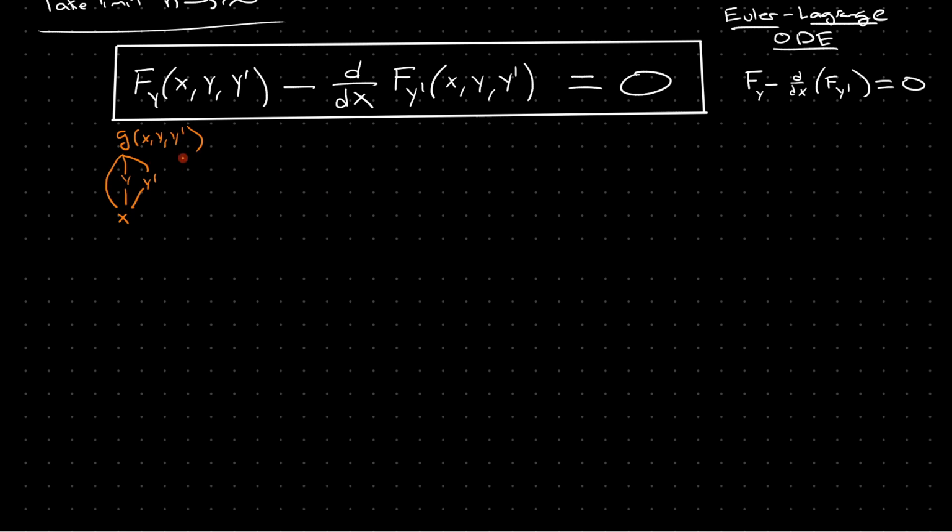Then the derivative of something like this with respect to x is going to be the partial derivative of g with respect to x plus the partial derivative of g with respect to y times the derivative of y with respect to x plus the partial derivative of g with respect to y prime times the derivative of y prime with respect to x. Or in short, it's going to be gx plus gy times y prime plus gy prime times y double prime.